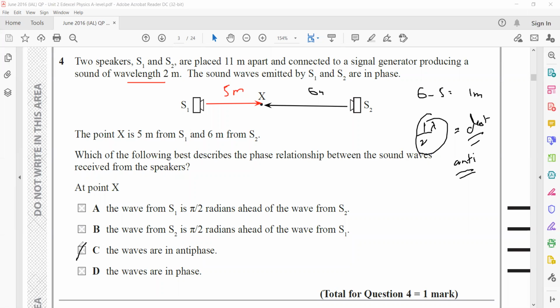So that's why C is the right answer. The other two statements are not valid according to the question, because the waves are not traveling in the same direction. If they were traveling in the same direction, then we could work out which one would be ahead or lagging.